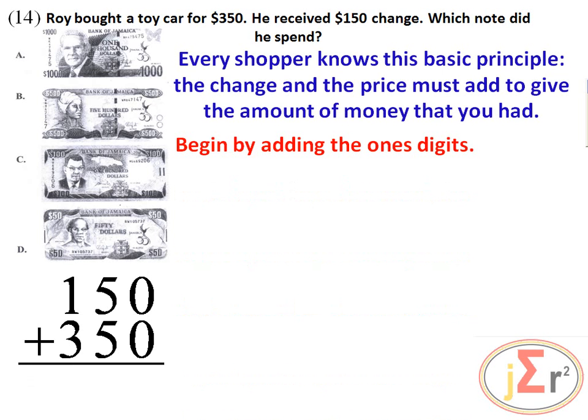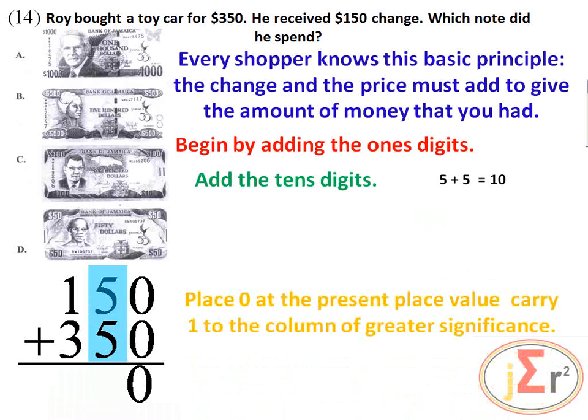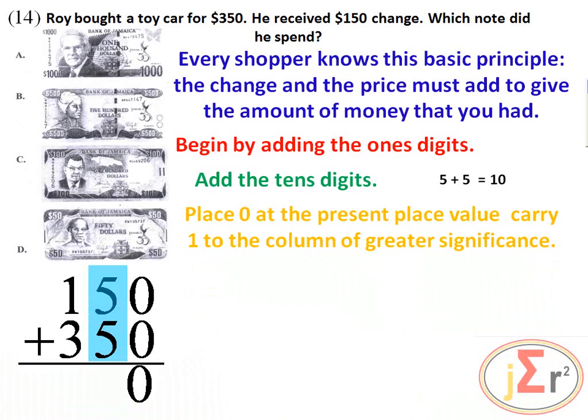Begin by adding the ones digits. 0 plus 0, 0. And 5 plus 5, 10. What do we do? Place 0 at the present place value and carry 1 to the column of greater significance.